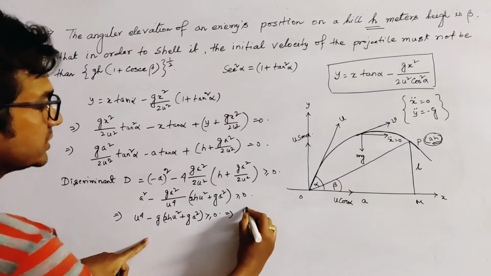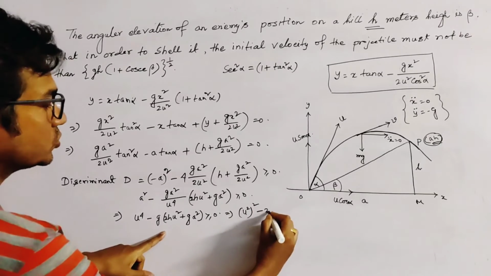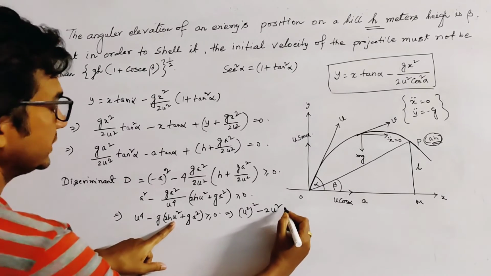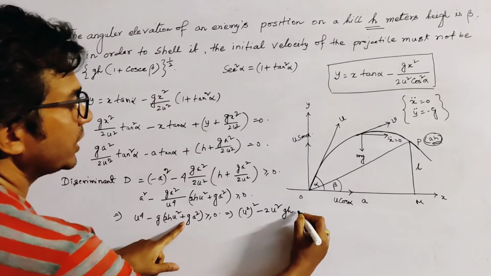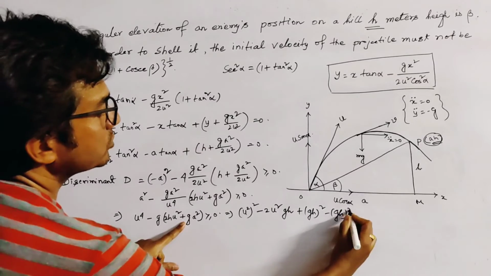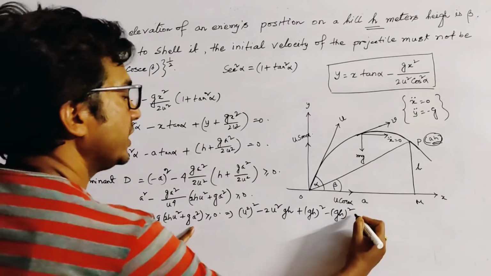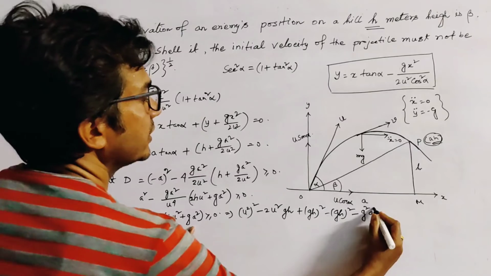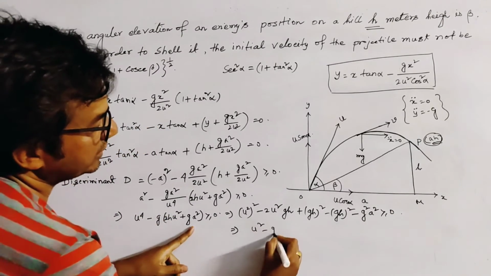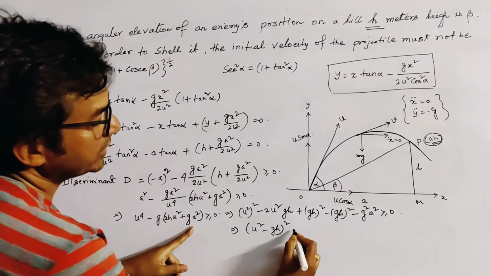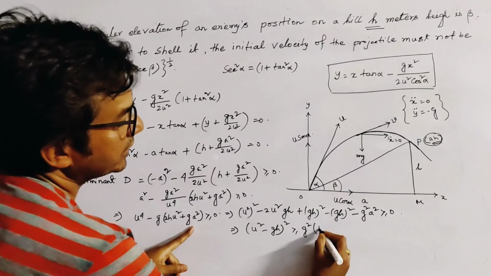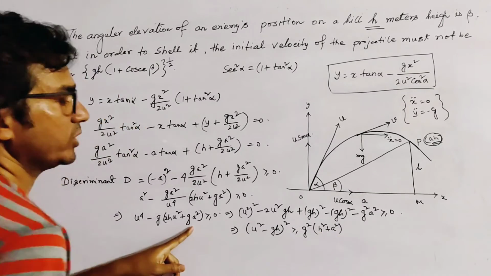This relation gives (u square) whole square minus 2 u square gh plus gh whole square minus gh whole square, and the last term minus g square times a square, greater than or equal to 0. So we get (u square minus gh) whole square greater than or equal to g square times (h square plus a square).